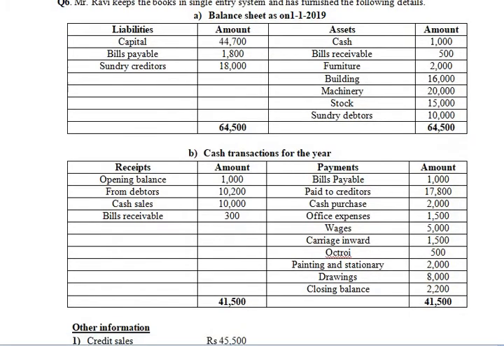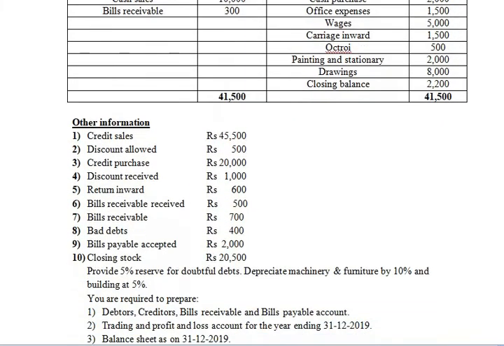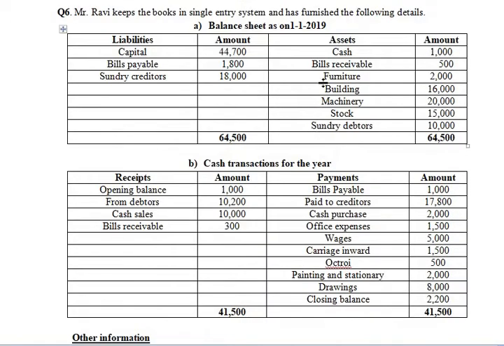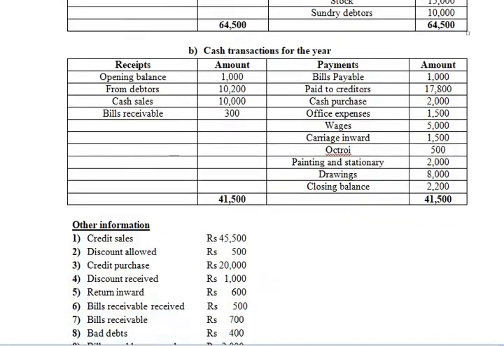We need to provide depreciation. You can see here, provide depreciation, okay, on machinery, furniture at 10% and building at 5%. So this is the only information being given. So let's take this particular amount of furniture and building and machinery to the balance sheet. Okay, so directly to the balance sheet.